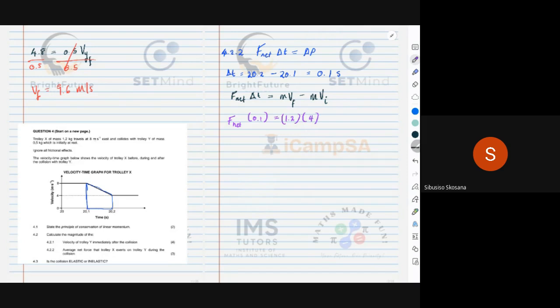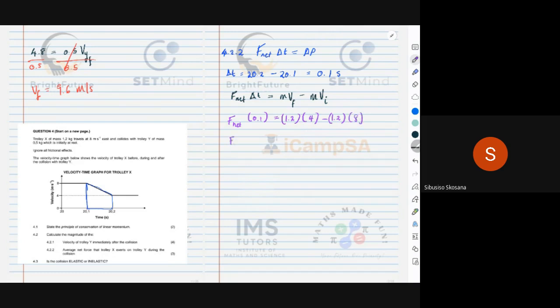So this is traveling east, so there's no need to put our negatives. And then we have minus 1.2, our v initial is 8. Then this is going to be 8 like this.